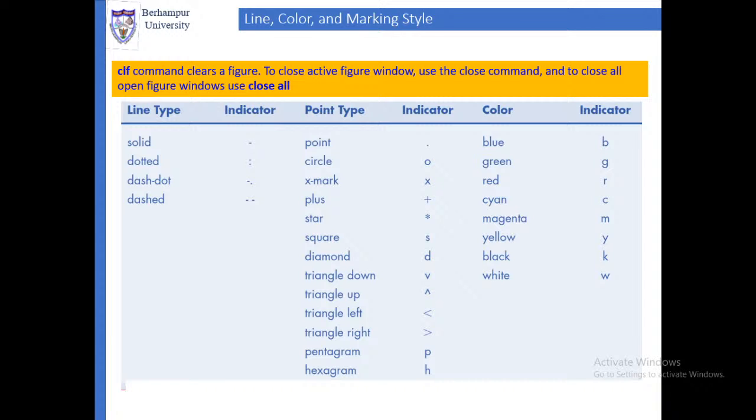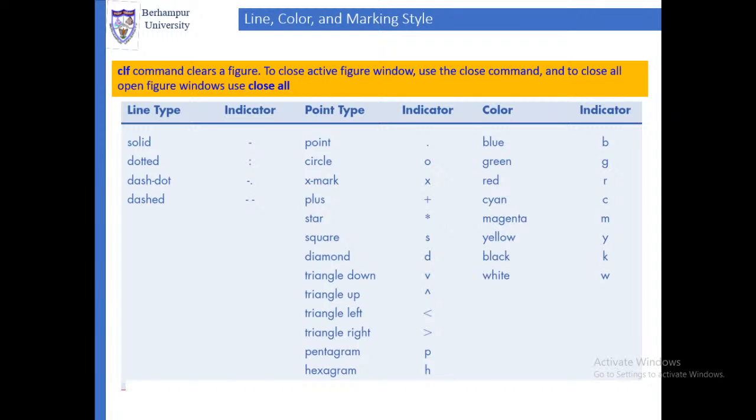How to use that we will see later. Similarly, different types of points. So if I don't want a continuous line, but we want only data points, so different types of data points, whether it is point or a circle or X mark, plus mark, star mark, square mark, diamond mark, all these things are given here till hexagonal mark.